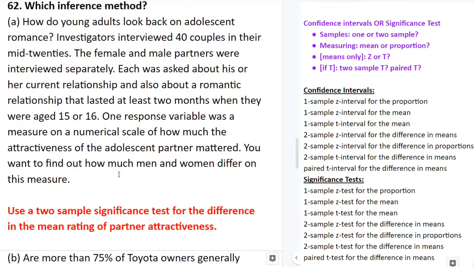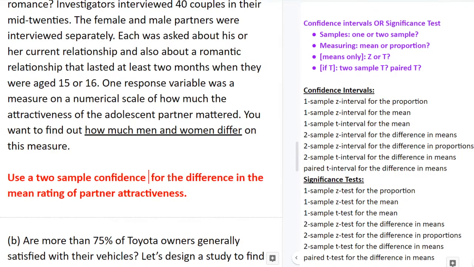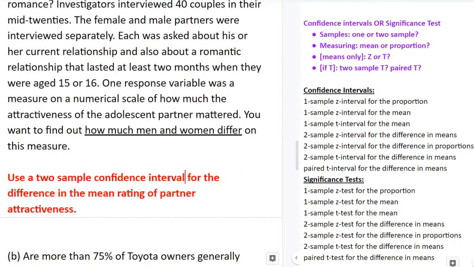Now in this case, again, you could also run a confidence interval, because specifically it says you want to find out how much men and women differ, not is there a difference. So upon reading this a little bit closer, how much men and women differ, if you want to know literally the number of how much they are different, then in that case you actually are going to need to use a confidence interval. So a two-sample confidence interval.